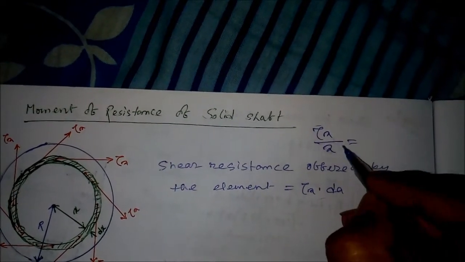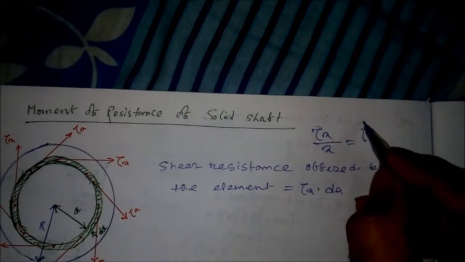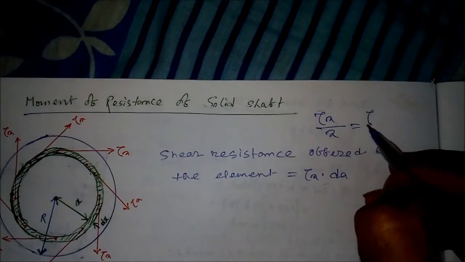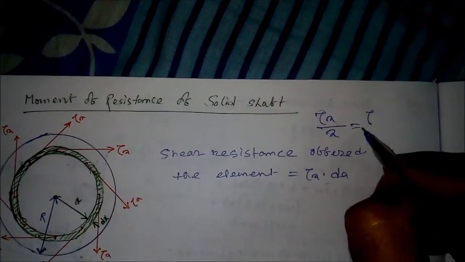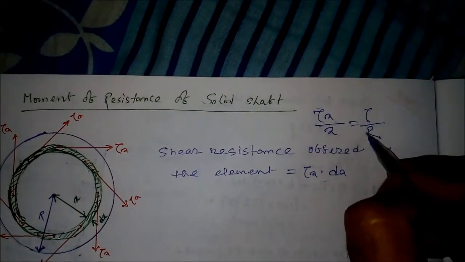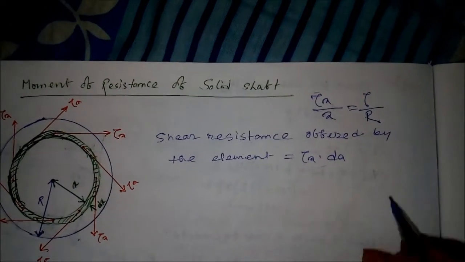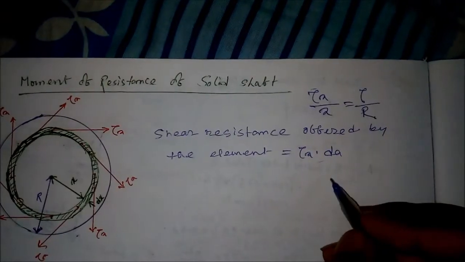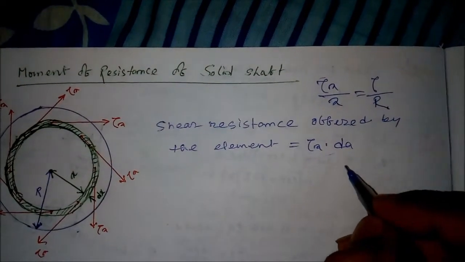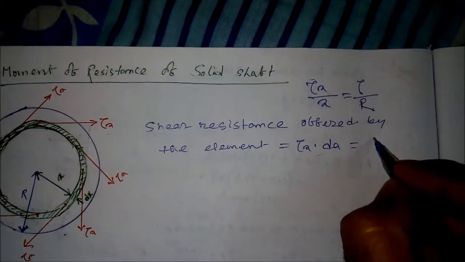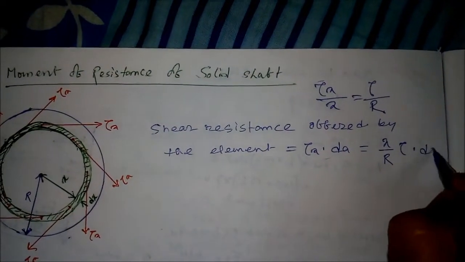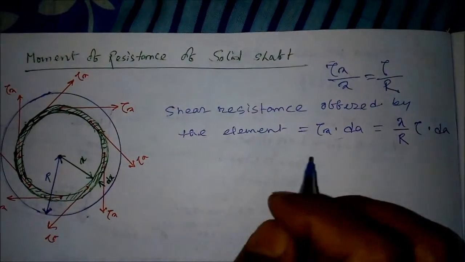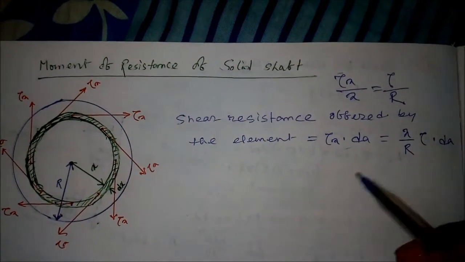That means this will be equal to tau, the maximum shear stress at the end, at a point which is r distance apart. So this will be equal to tau by r, right? So we can replace tau x and write x by r tau into dA. This is the shear resistance offered.